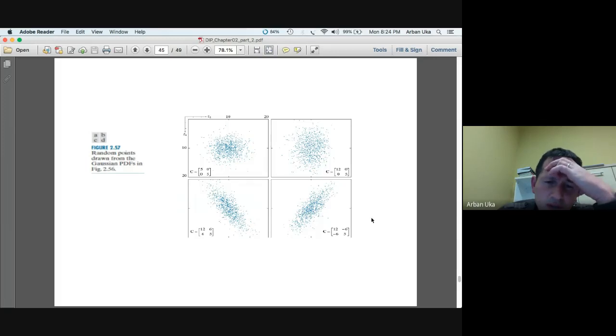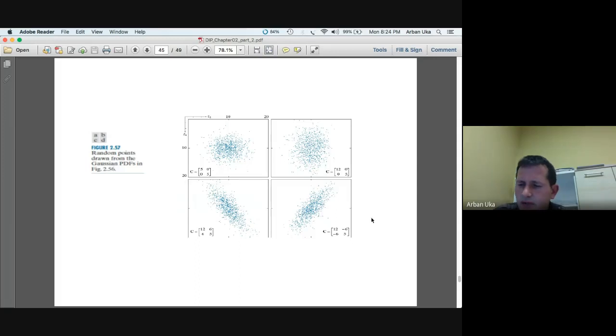Now, whenever you see this matrix, what a student that has taken linear algebra should immediately do, and you may try this as an exercise at home, is the following. Diagonalize this matrix, which is 12, 6, 6, 5. This would even be a good homework so that we can go over this material. This is slide 45, so you can take a note here.